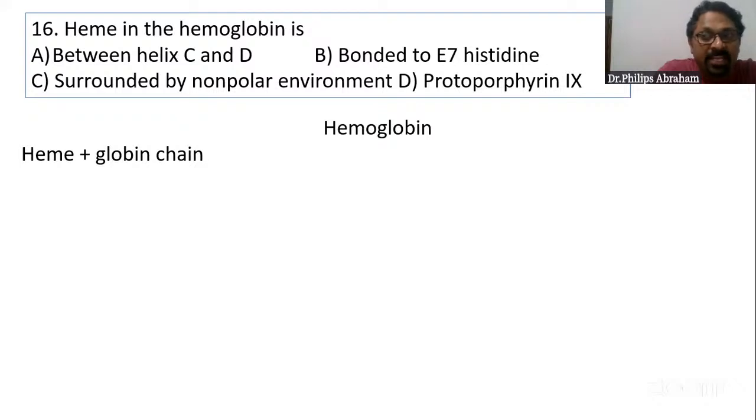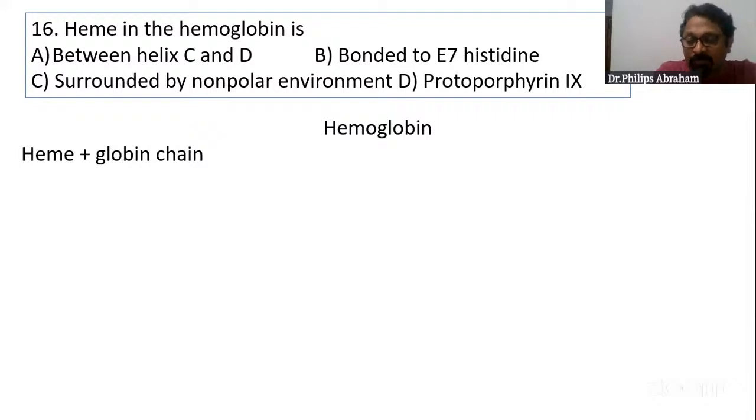Around 95 to 97% is HbA1, or HbA in general. We have HbA2 also, alpha 2 delta 2. And fetal hemoglobin is alpha 2 gamma 2. Some 1% is there in our body.